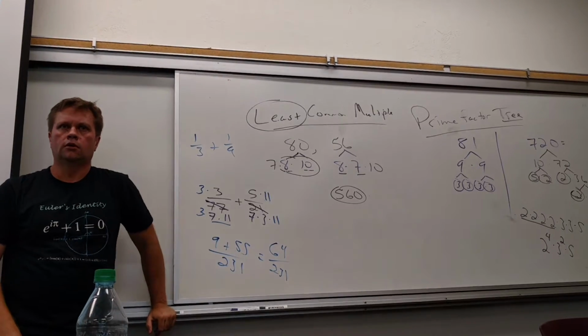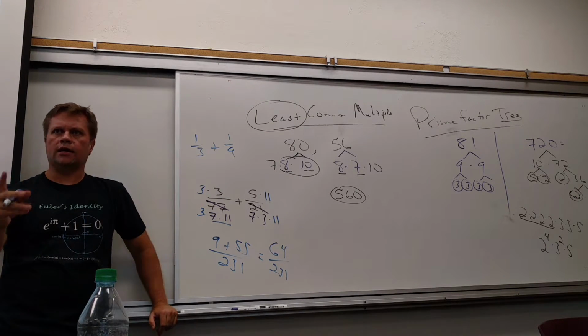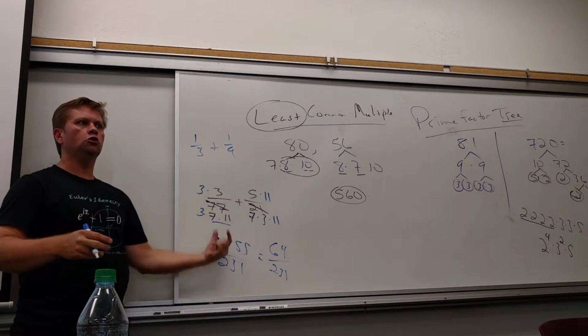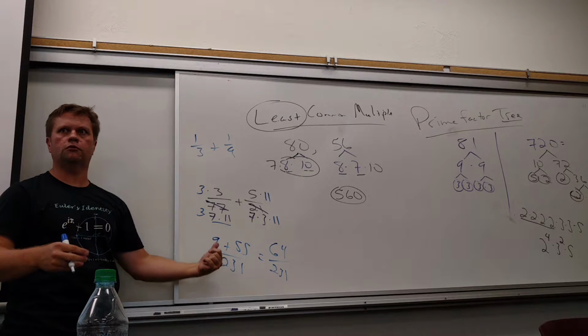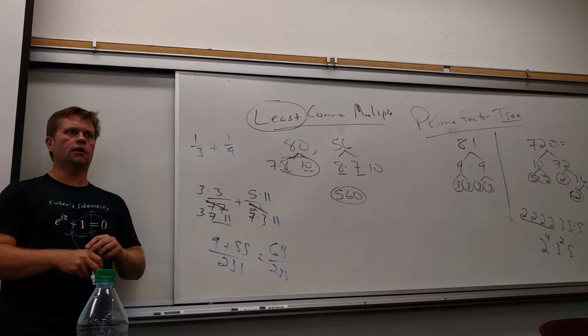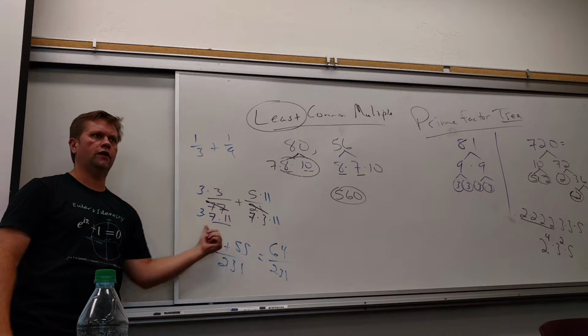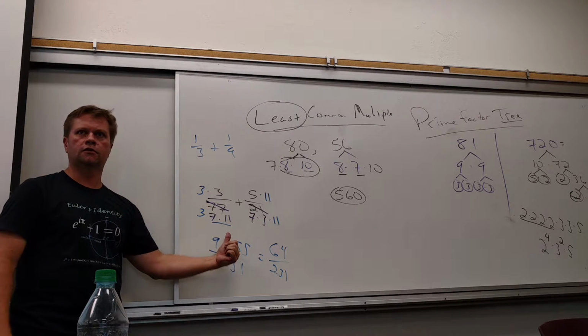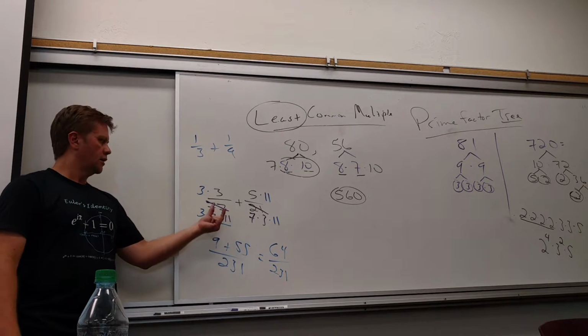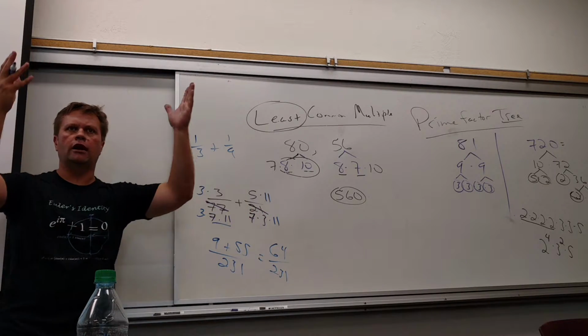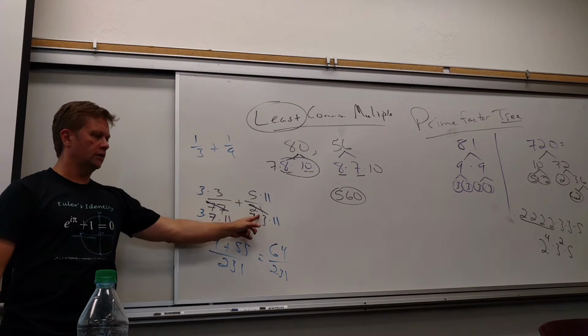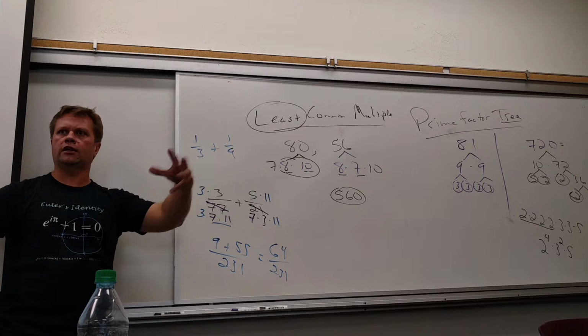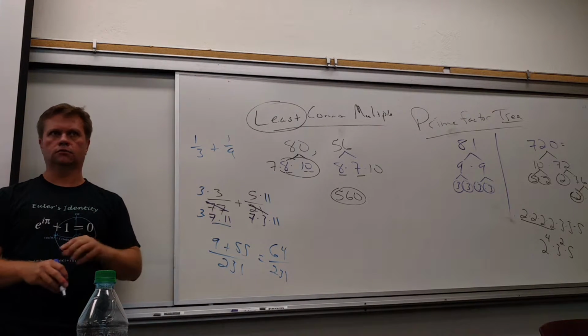Cool. I know I got a little ahead of myself, but it's nice to see this idea used where we use it the most, which is finding LCDs. Has anyone ever seen that method for finding LCD before? If there are small numbers, you don't need this. If I had 6 and 8, you should be able to figure out what the LCD is. But for these uglier, bigger numbers with more stuff inside them, that's a beautiful way to do it.